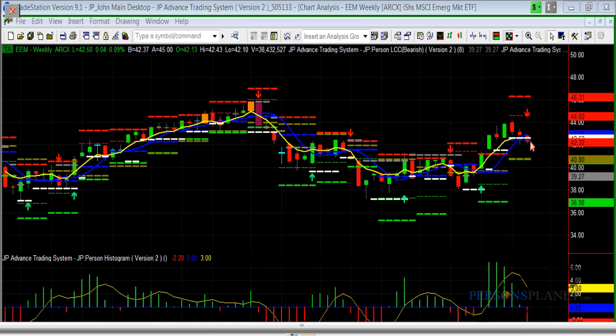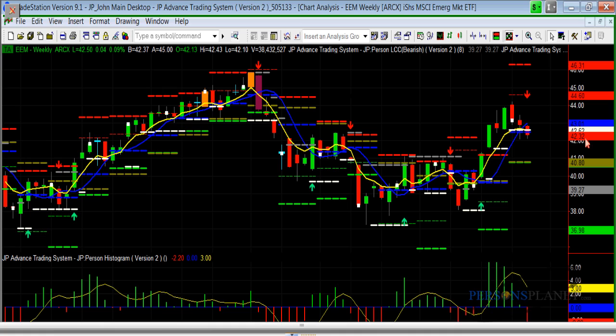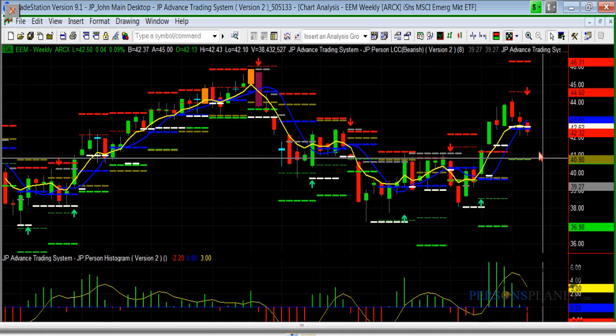So maybe someone who wanted to take a trade, and I'm not saying this is the greatest trade in the world, but I would say it definitely is a useful, helpful tool to say, by the way, seasonally, this is a sector that goes down. Technically, it's starting to show some weakness. And third, it's generating a sell signal, and if the market closes below the monthly pivot, it probably is going to do what?